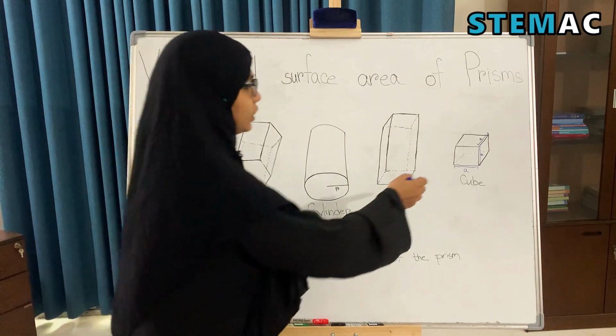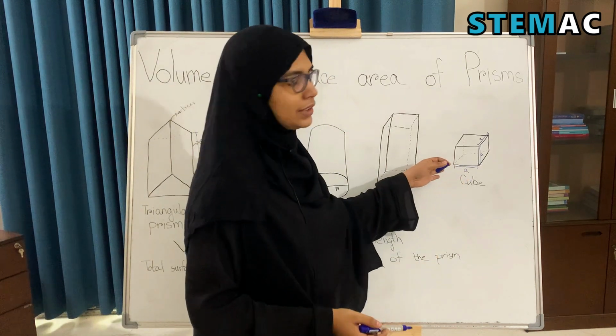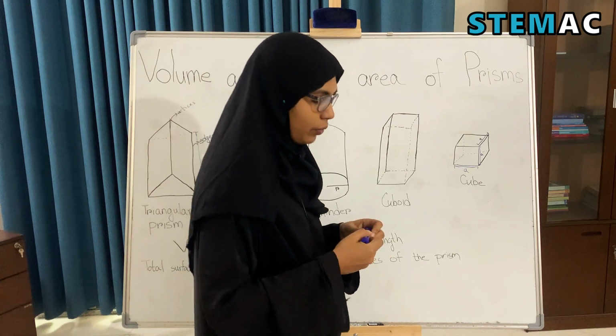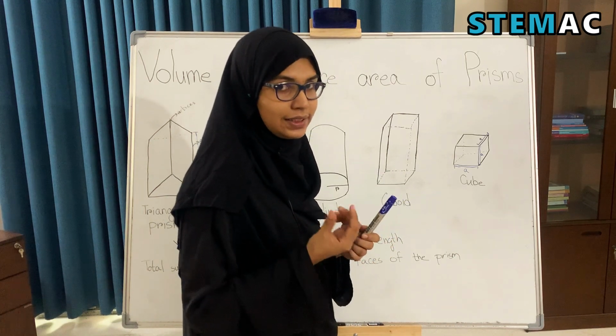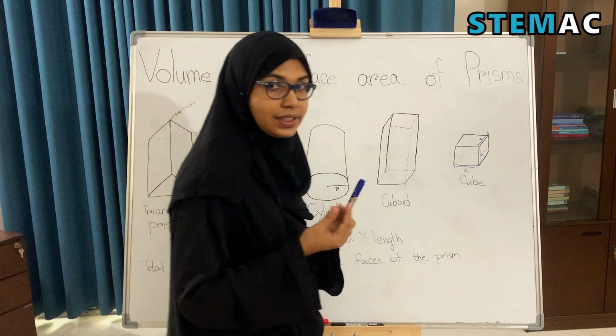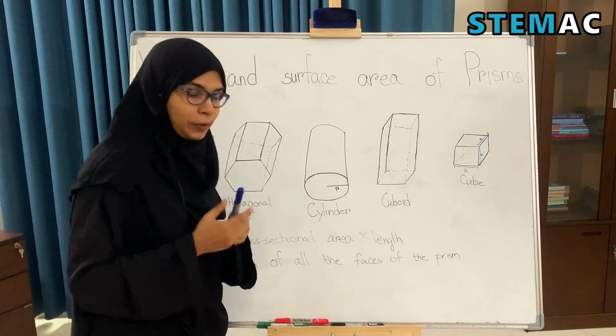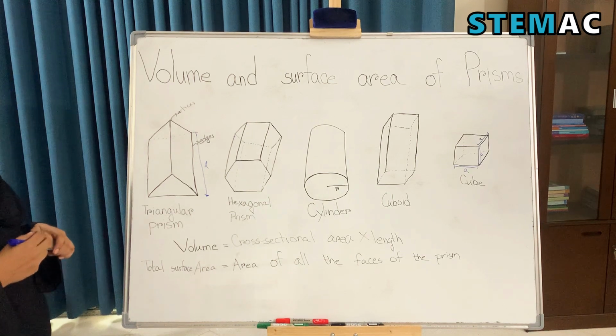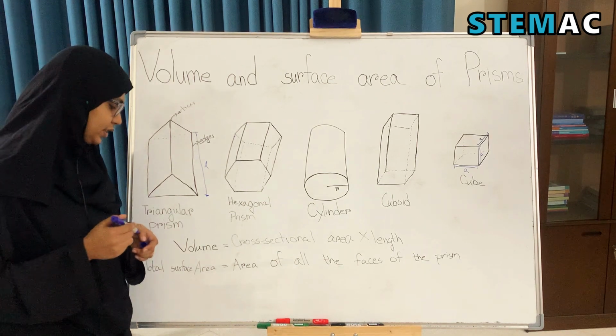That's why it's called a cube. You have seen cubic shapes, like when we roll a dice, the die is a cube. So now let's learn how to find the volume of prisms.